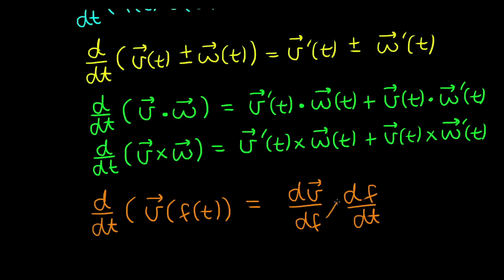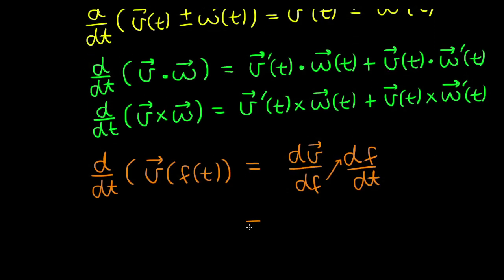So we're basically chaining these derivatives together. And that's the same thing as writing v dash of f, which is a function of t, multiplied by f dash of t.